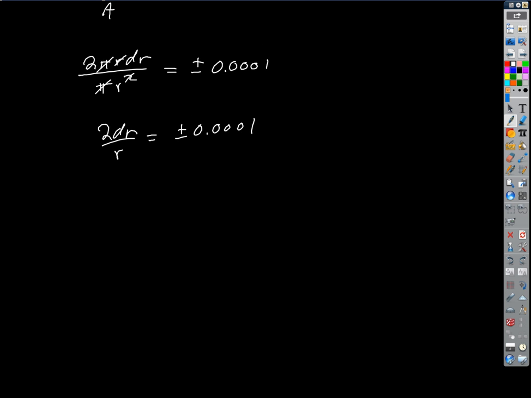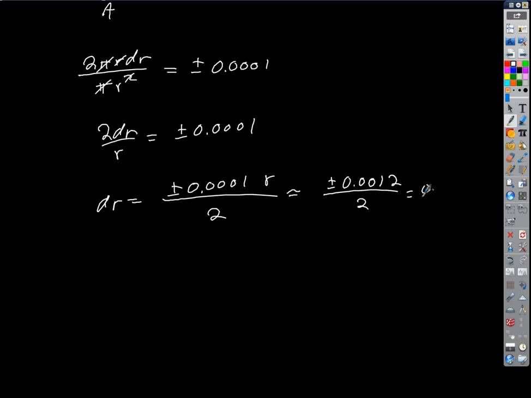All I have to do is solve for dr, and r equals 12. So dr equals plus or minus 0.0001 r over 2, which is equal to plus or minus 12 times 0.0001, which is 0.0012, divided by 2, 0.0006.